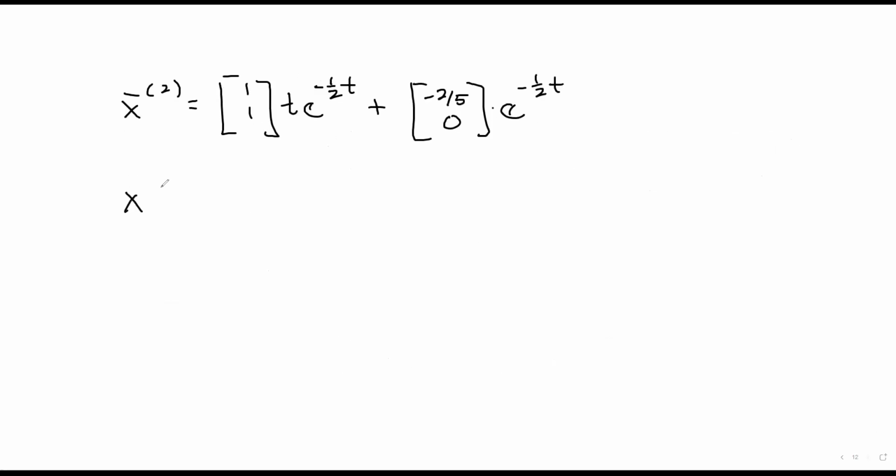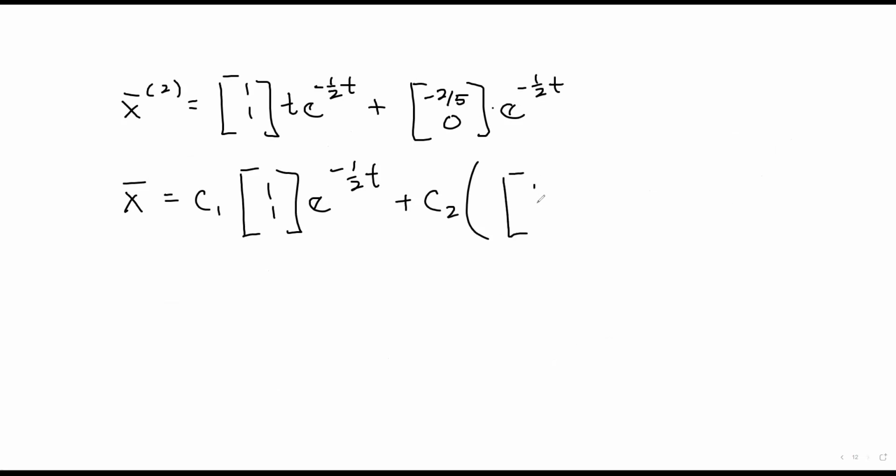Okay, and so x is going to equal c1 times 1, 1 e to the negative 1/2 t. That's our first solution, plus c2 times 1, 1 t e to the negative 1/2 t plus negative 2/5, 0 e to the negative 1/2 t.